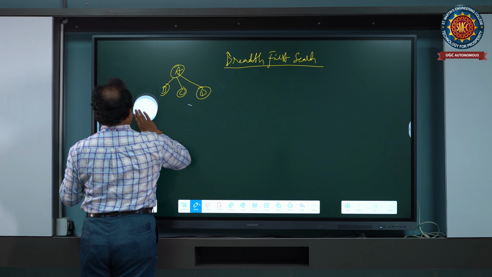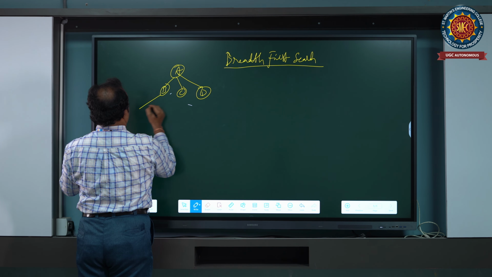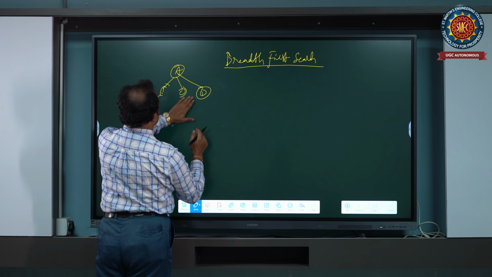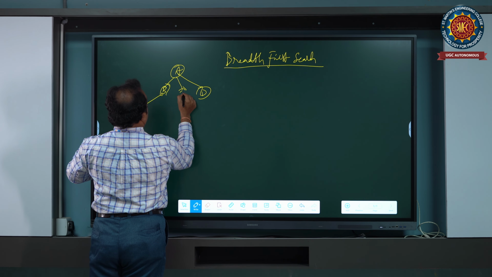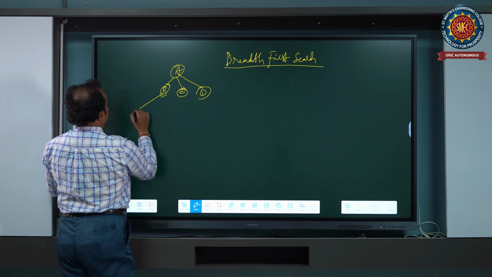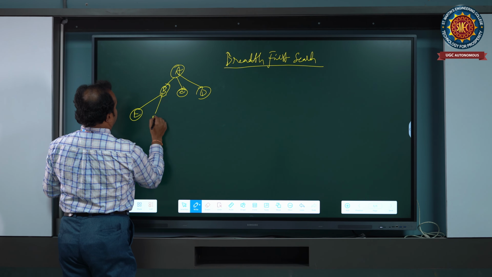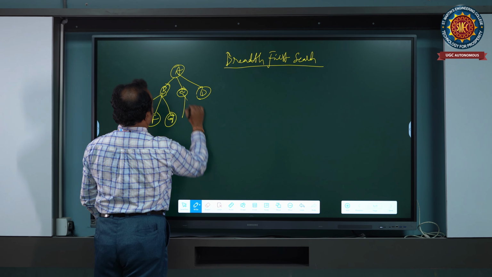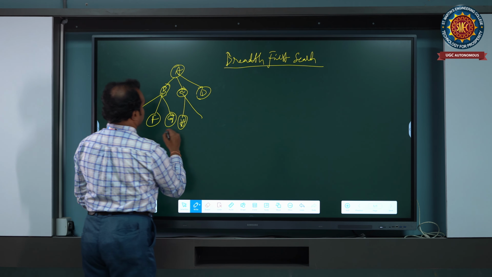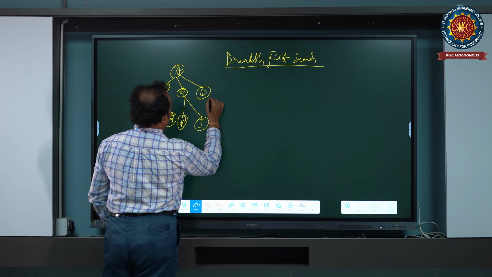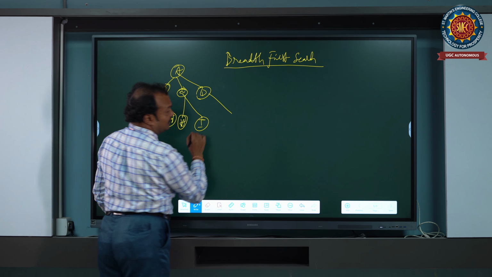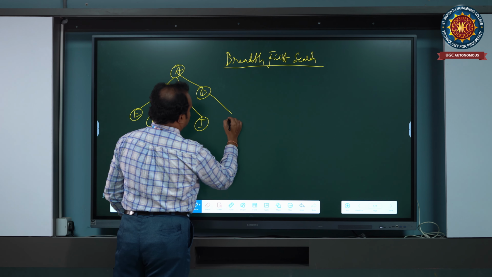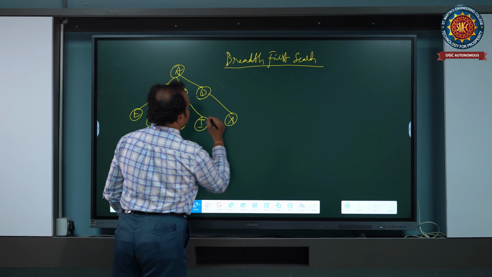Similarly, B consists of E, F, G. So C consists of 2 more children, H and I. So then D consists of only 1 child, for example X.